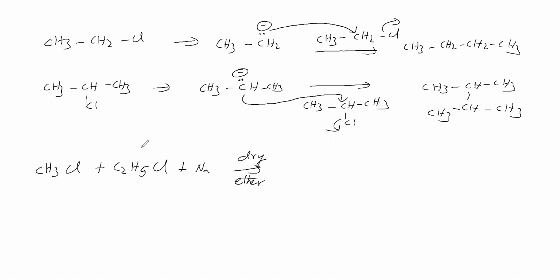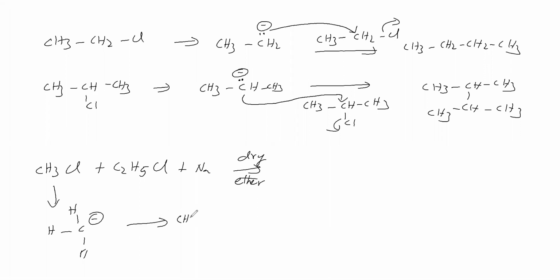But now we are taking a mixture of two different alkyl halides. So what is the product here? One possibility is that methyl chloride becomes a carbanion.